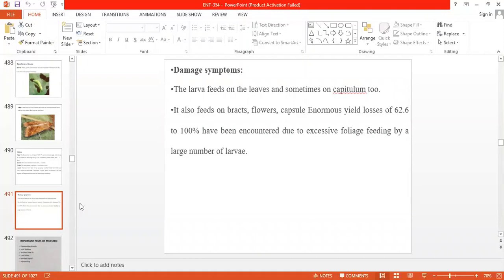Management practices: dusting with phosalone 4% dust, methyl parathion 2% dust at the rate of 20 kg per hectare as soon as the incidence is noticed. So these are the two major pests of safflower: aphid and safflower leaf-eating caterpillar.